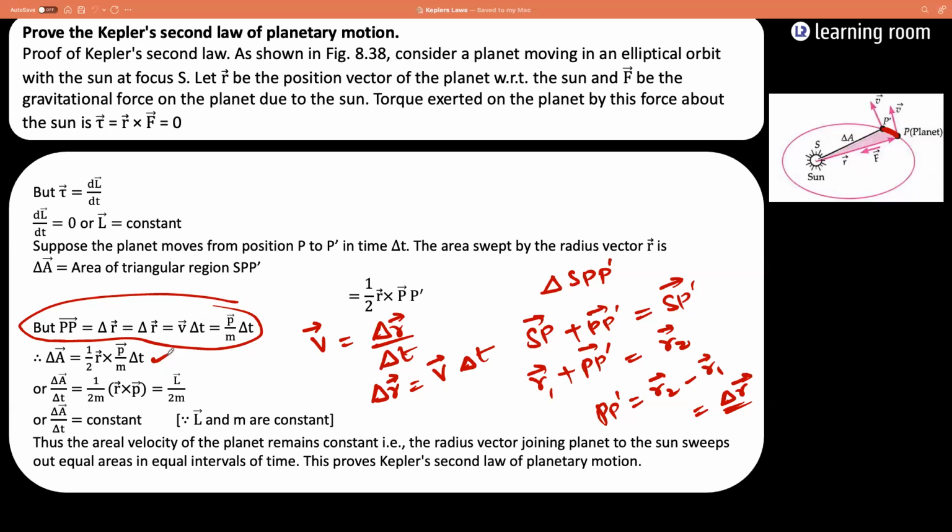Now comes the question. Going back to the beginning, what is L vector? It's a constant. What about the mass of the planet? It's a constant. So when you divide both, it will be a constant.